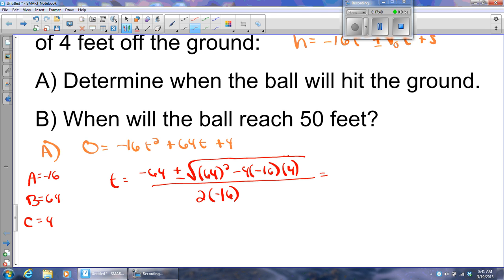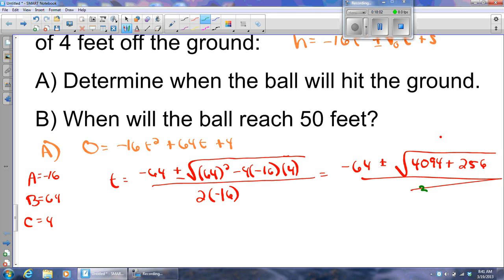And I'm going to simplify that: negative 64 plus or minus, and I don't know 64 squared off the top of my head, 4096, that seems really familiar, plus, and I think that's going to be 256, yeah, all right, 256, that's over negative 32.